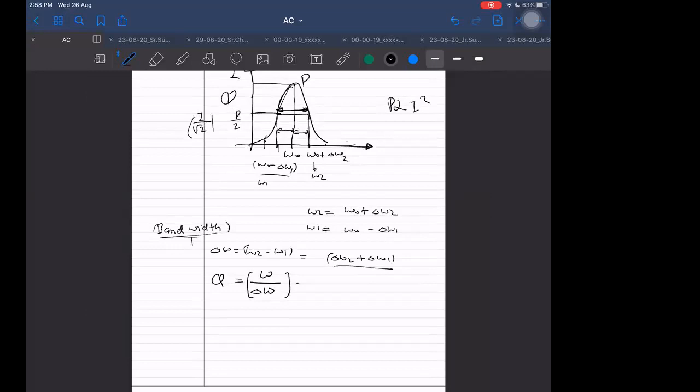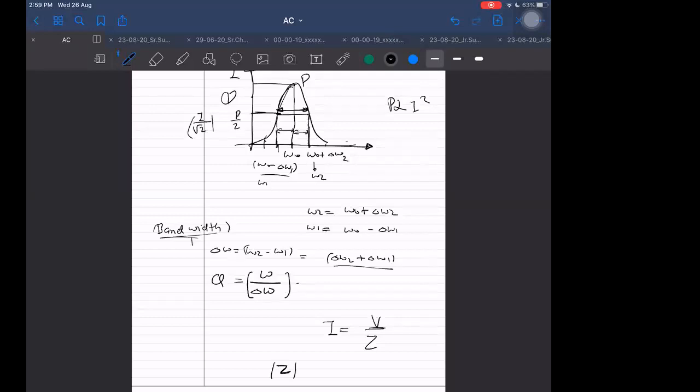I know that the current formula is V by Z, inversely proportional to Z. So I can tell that if Z becomes root 2 times the value of Z at omega naught, then the current will become 1 by root 2 times automatically.